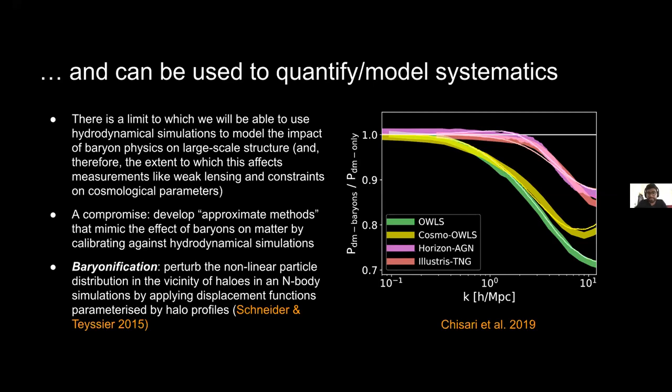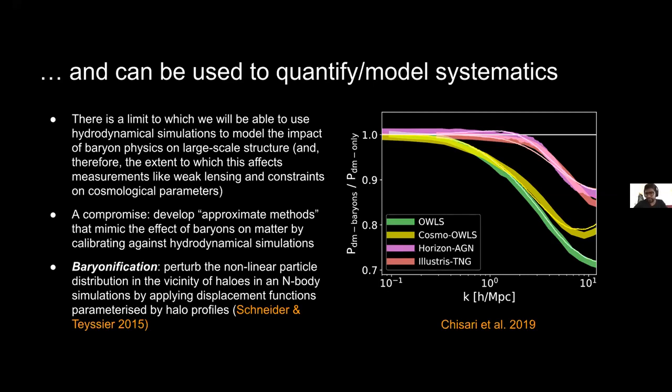So one example is the so-called baryonification approach, where one basically perturbs the distribution of particles in the vicinity of halos by applying some kind of displacement function, where the displacement function depends on the gas and dark matter density profiles of halos, calibrated against observations or hydrodynamical simulations.